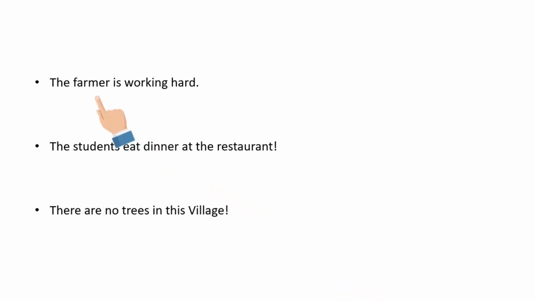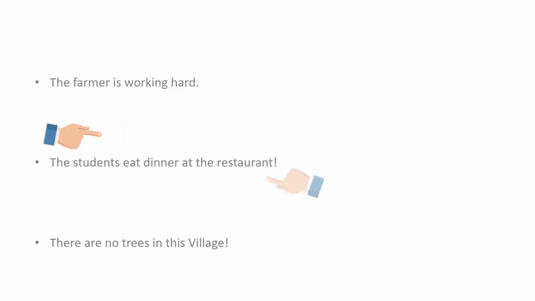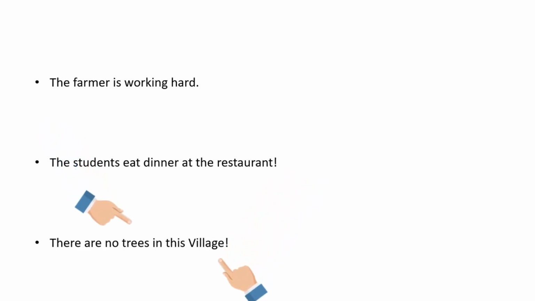Wonderful. The next sentence is, the students eat dinner at the restaurant. Can you identify the common noun here? Are they the words students and restaurant? Wonderful, they are. What about the sentence, there are no trees in this village? Both the words trees and village are common nouns here.